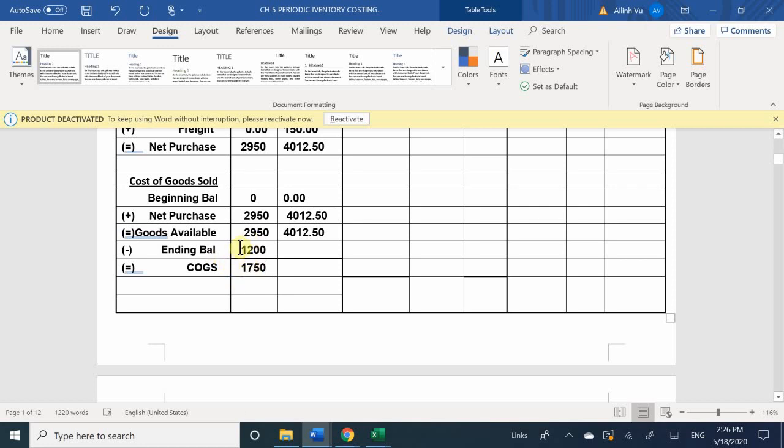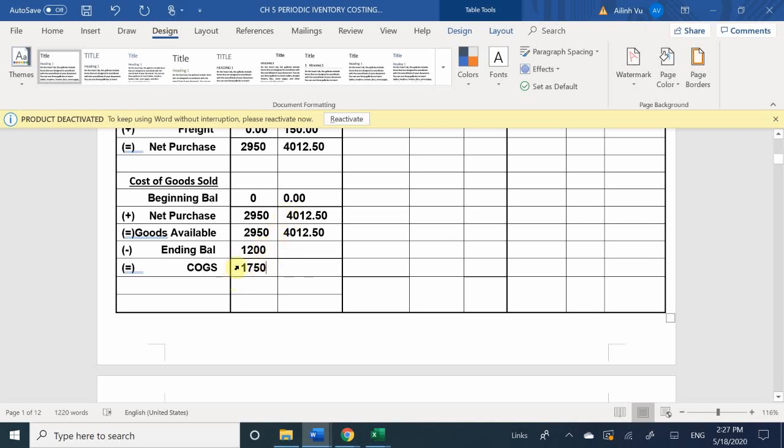This is what happened. When you solve for one of these answers, if the total amount that you have available to sell is 2,950 and someone went down to the storage and told you you have 1,200 items left, what's your assumption? Yes, that's minus that. Same thing applies for the cost as well.